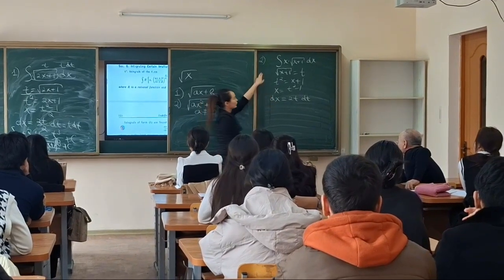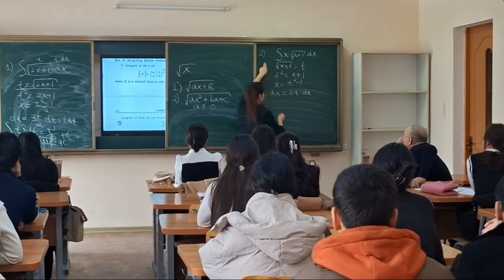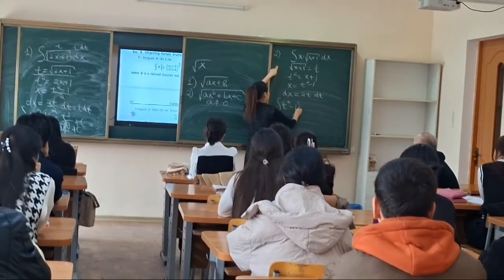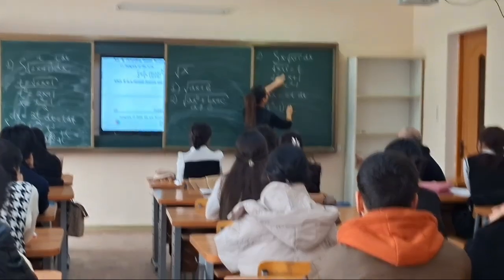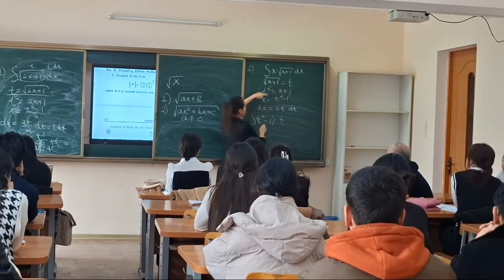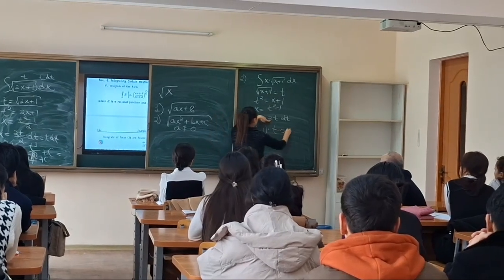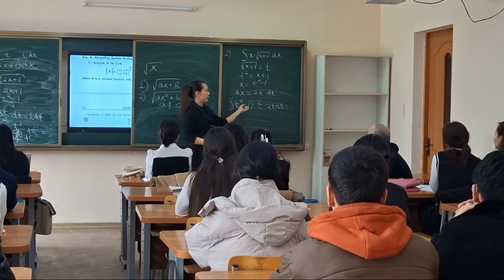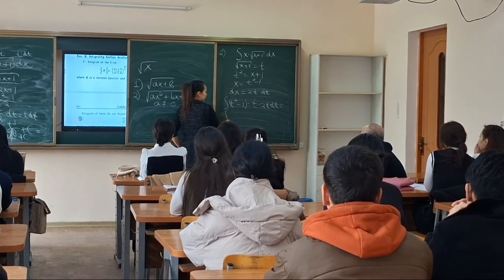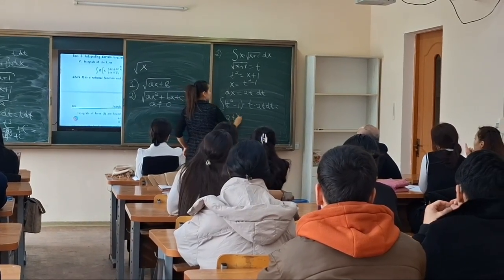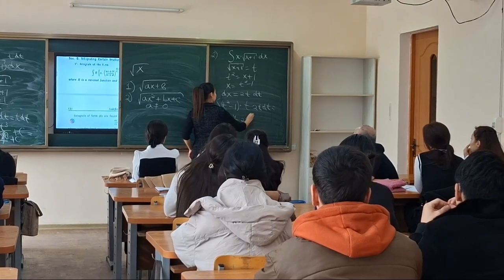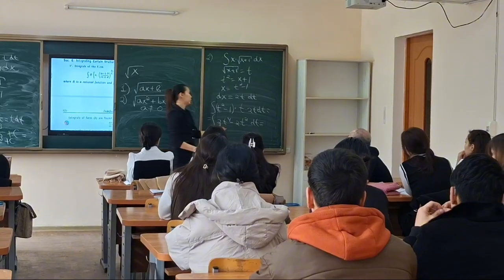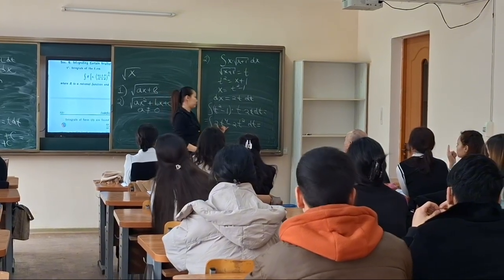And substitute into the integral. Times t. dx is 2t dt. So we should multiply each other. And there is t at two places.